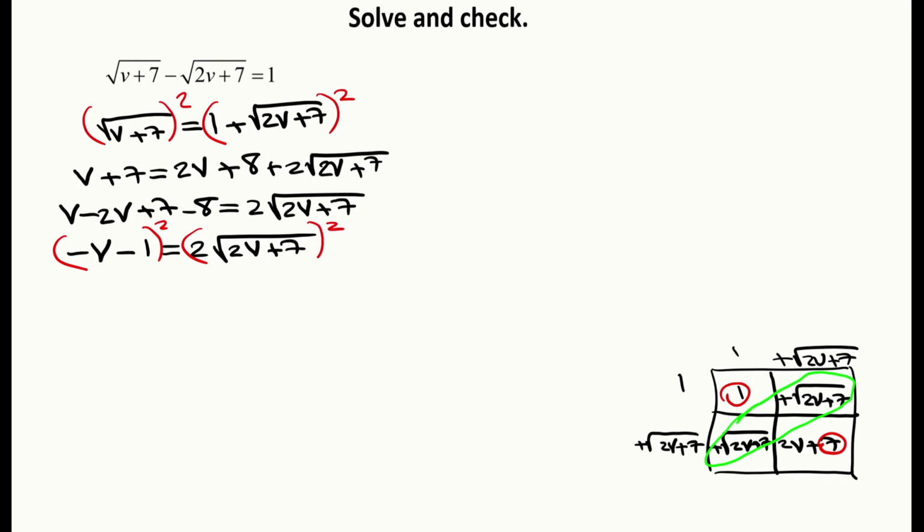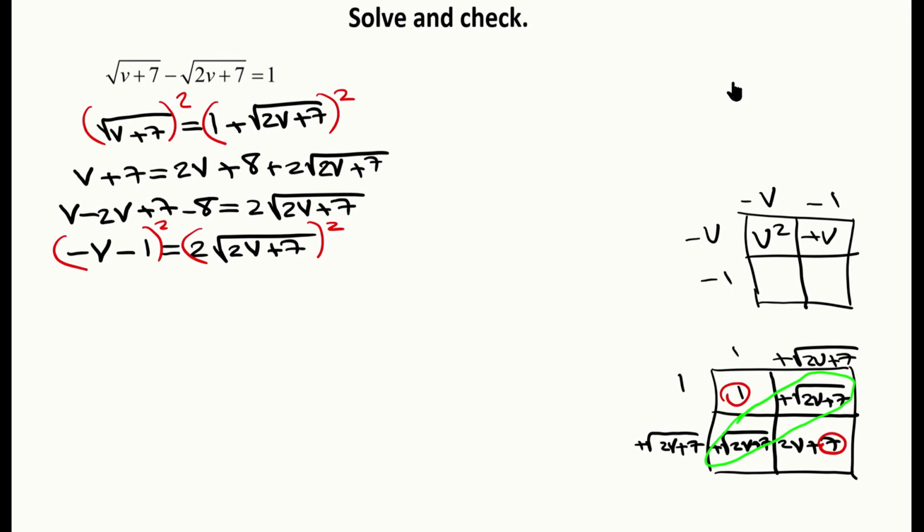All right. So here we're going with tables this time, so let's do that. So we have negative v minus 1, negative v minus 1. So notice we end up with positive v squared, positive v, and here when you multiply these again, you get positive v, and when you multiply those, you get positive 1.